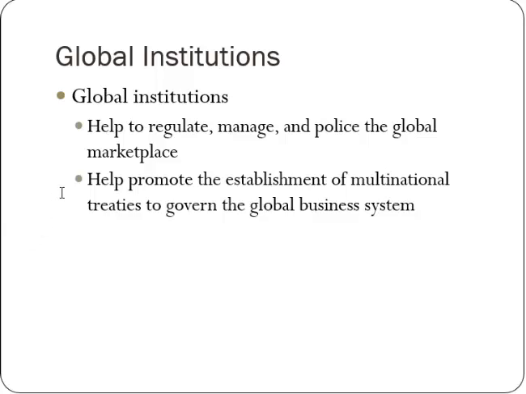You have global institutions which help regulate, manage, and police the global marketplace, things like the World Trade Organization, the International Trade Organization, the International Monetary Fund, and even the United Nations itself can help establish rules for the global marketplace that allow people to have confidence.